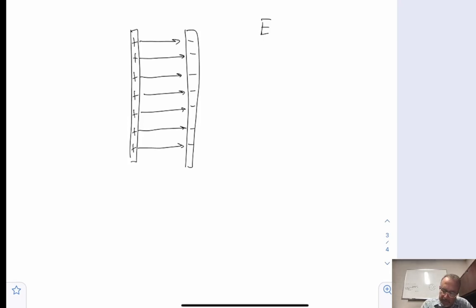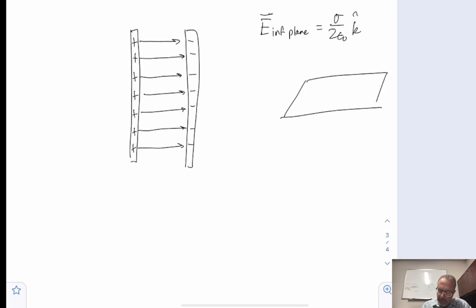The electric field of an infinite plane of charge comes from this: sigma over 2 epsilon 0 in the k hat direction. This is a plane of charge that looks like this, and it's in the xy plane.